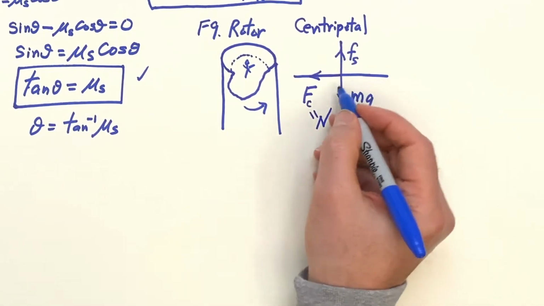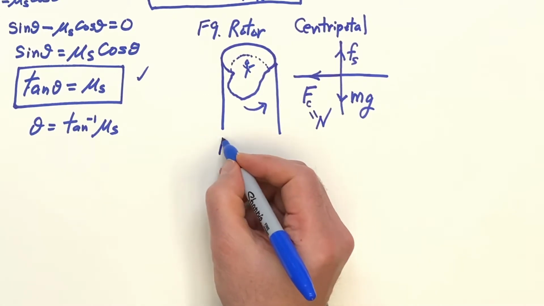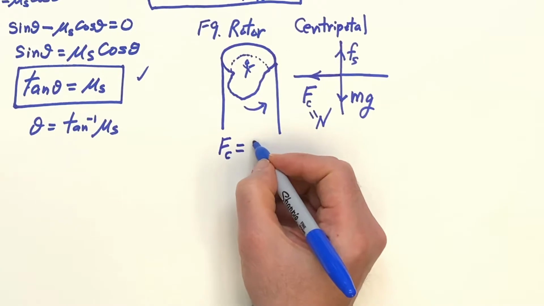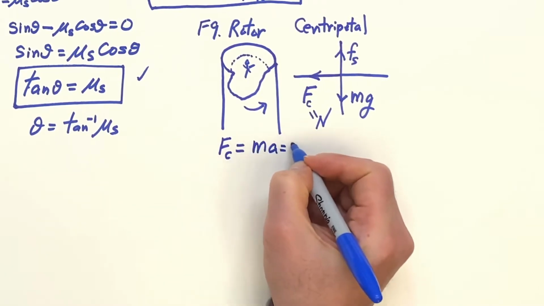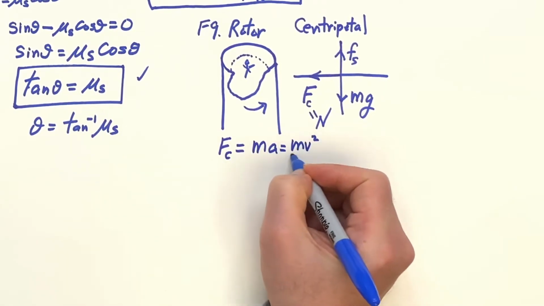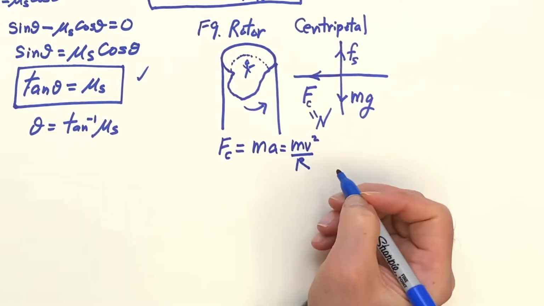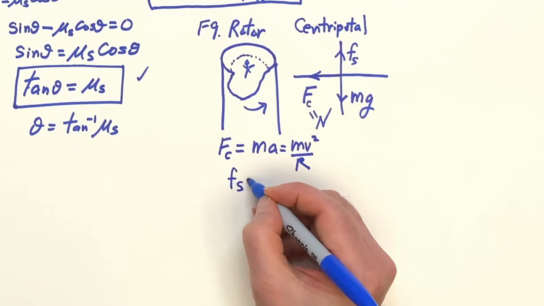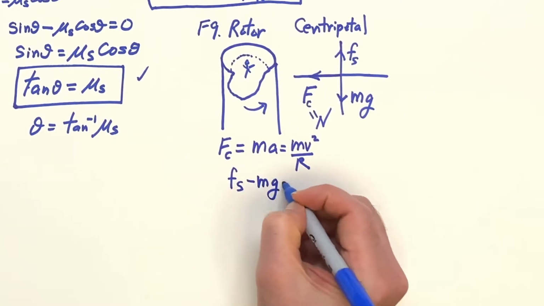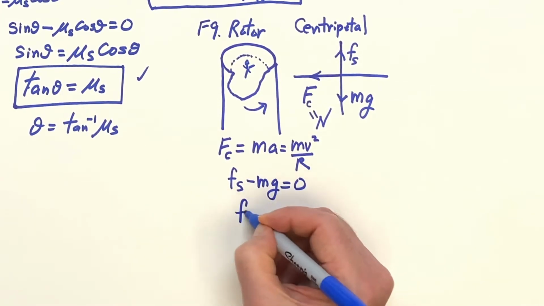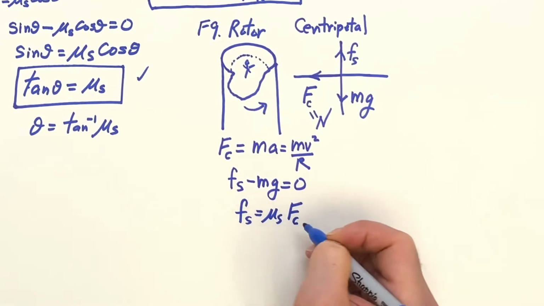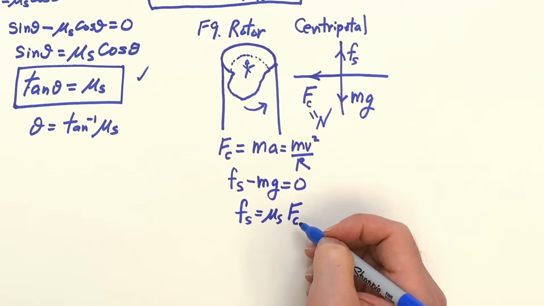So here, this centripetal force, we're going to eliminate it anyway, so you can call it the normal force if you want, is ma, which is mv squared over r. And then here, fs minus mg equals 0, and the auxiliary equation that gives us our friction.